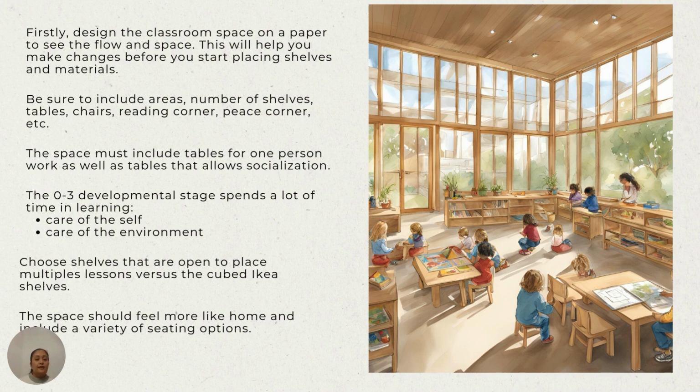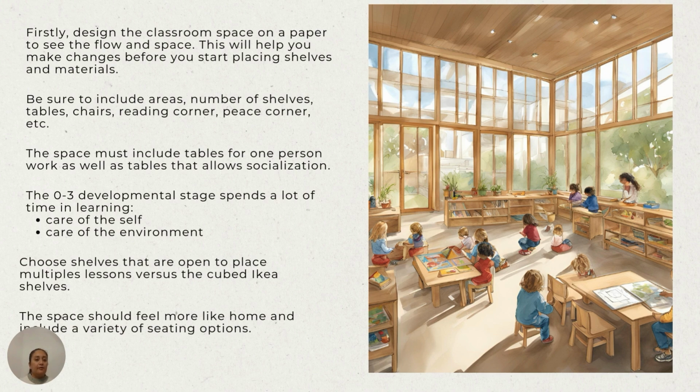The 0 to 3 is a very crucial developmental stage. This is the stage when they are learning about themselves. So, the care of the self is the most important aspect in this environment. It's having a big mirror where children can see themselves dressed and learn how to dress themselves. Care of the environment, like window washing, table washing, caring for the plants, having access to the garden outside.